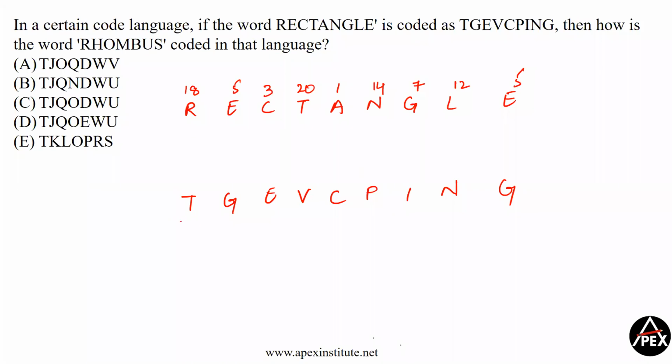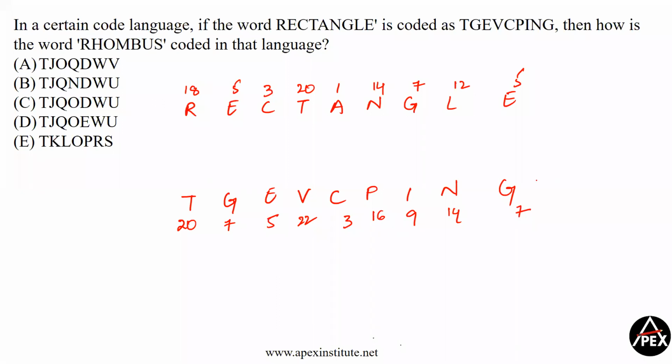So T is 20, G is 7, E is 5, B is 22, C is 3, P is 16, I is 9, N is 14 and G is 7.